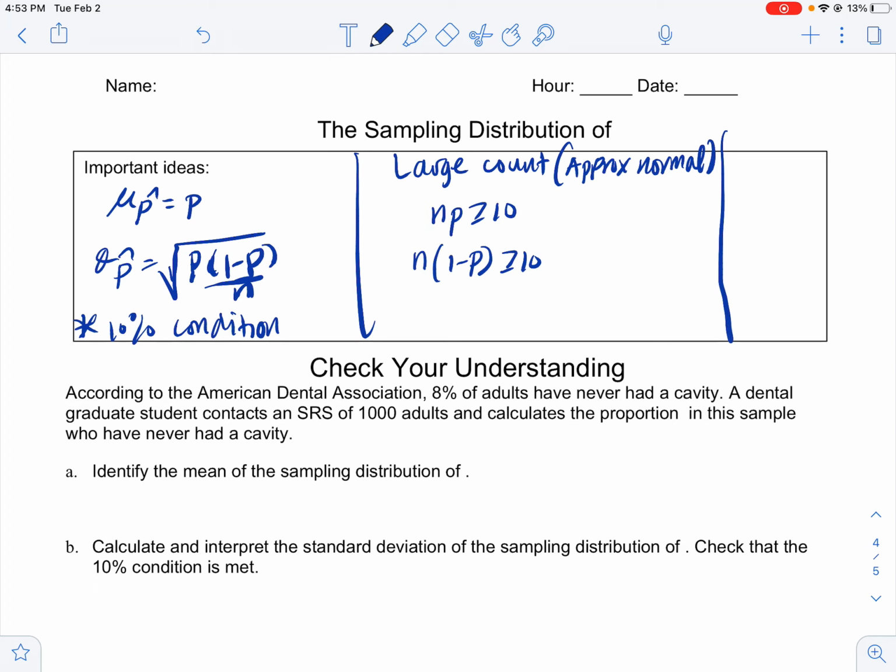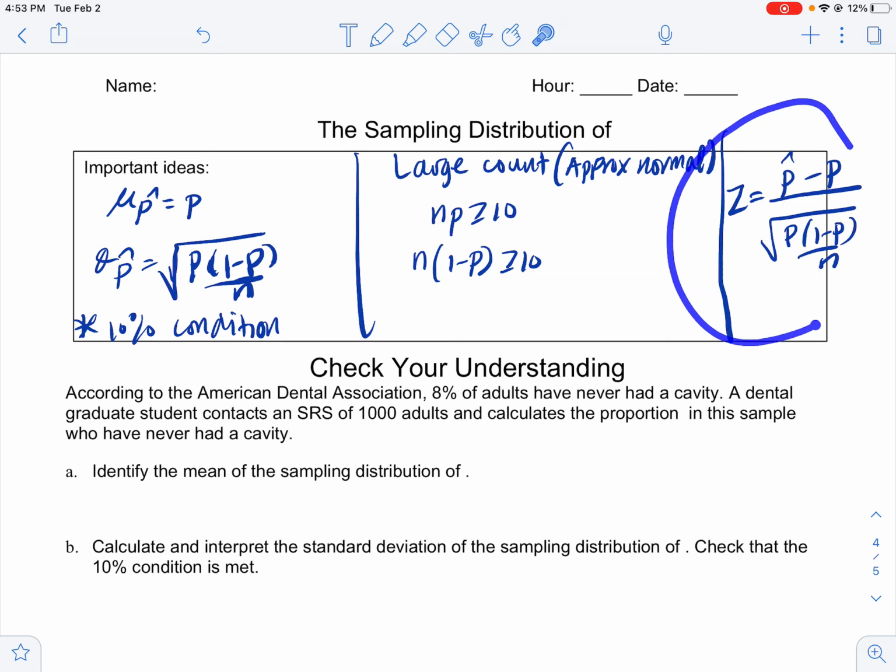We could also, for the z, use p hat minus p over the square root of p(1 minus p) over n. Do you know how I did the table A thing? I did 0.50 minus 0.40, the sample proportion given minus p, which is the mean, over the standard deviation, which I already showed you how to do.